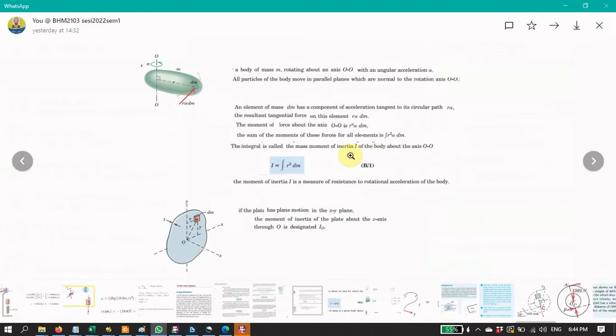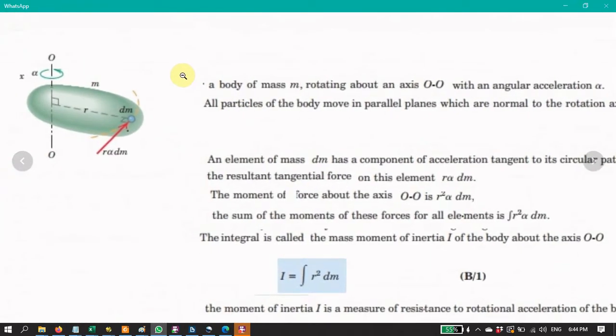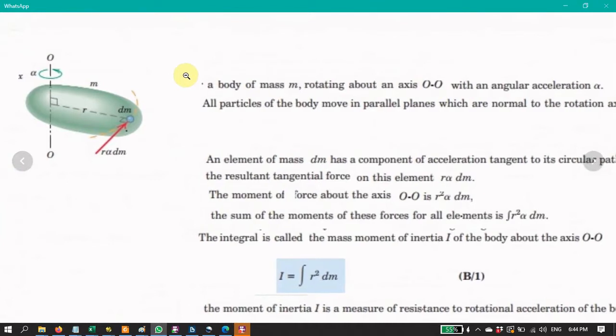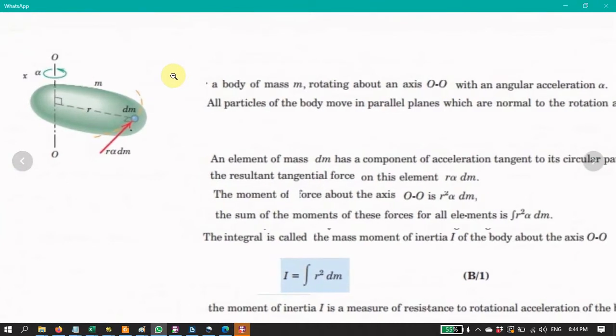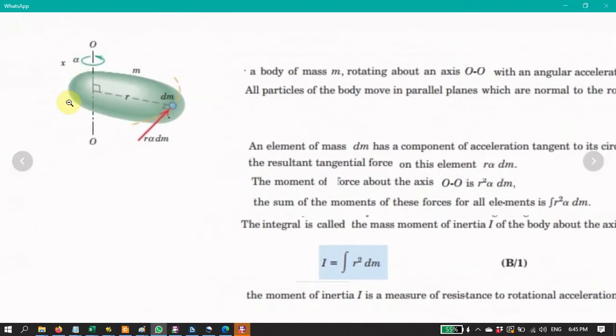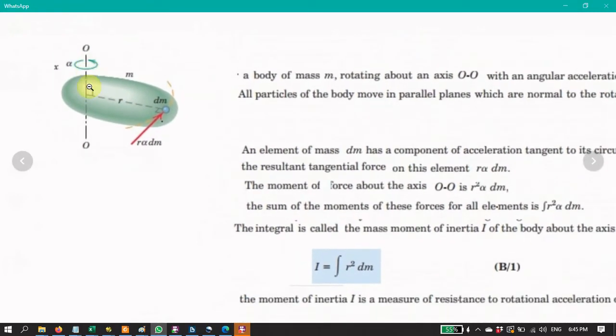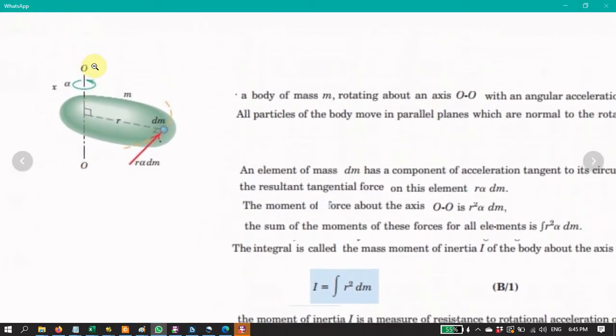Right. Before we go to the details about the moment of inertia, it is very important for us to look at the fundamentals of moment of inertia. So we have a rigid body having a fixed-axis rotation, right?